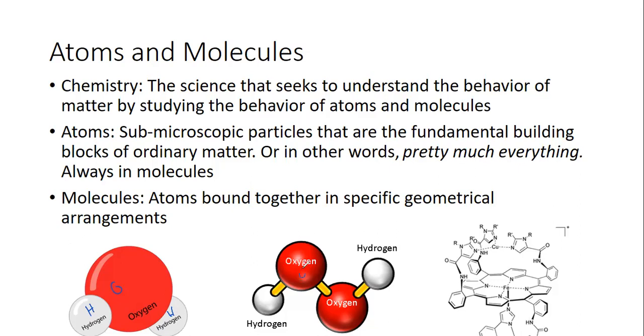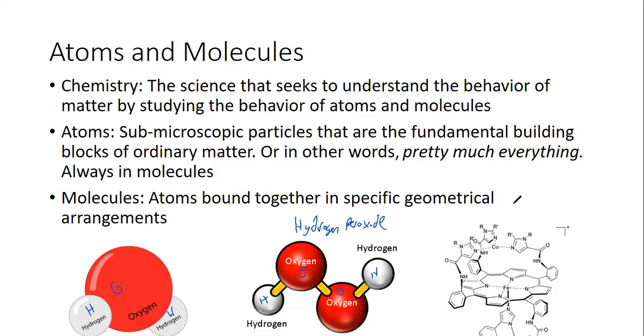Now, with molecules, you can change properties quite a bit by just gradually changing what atoms are part of that molecule. What I mean by that is this is hydrogen peroxide down here. The only difference between hydrogen peroxide and water is one oxygen atom. However, they have quite different properties.